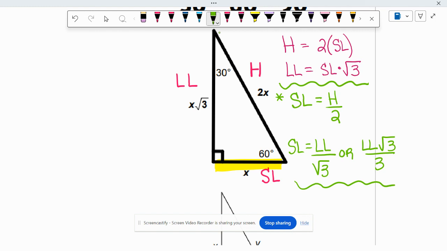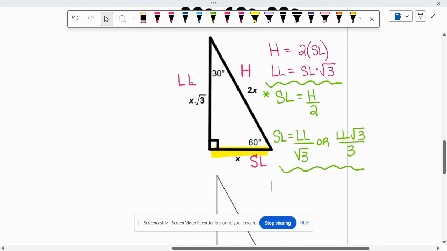Because those roots cancel out. Super easy. But if it doesn't have the square root of 3 attached to it, don't use that. Use the other one. The only time I use the long leg divided by the square root of 3 is if it has the square root of 3 on that measure. Are we good with that?